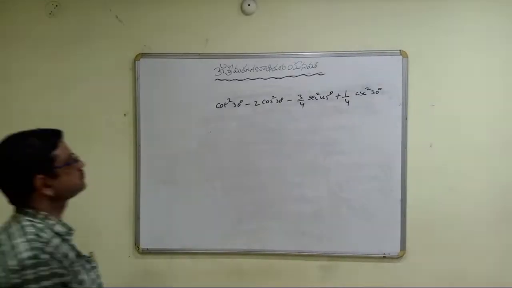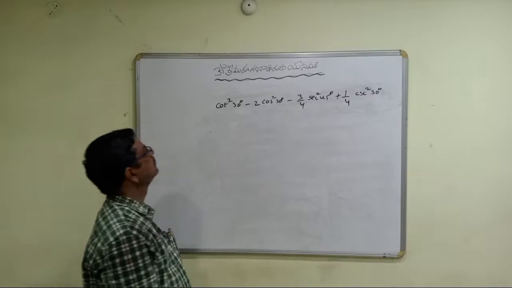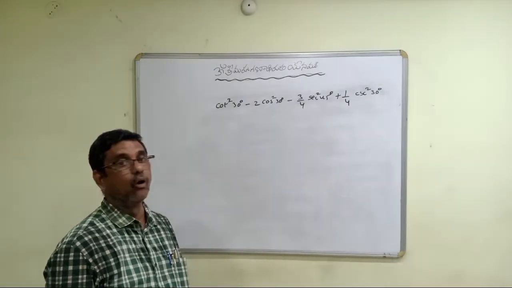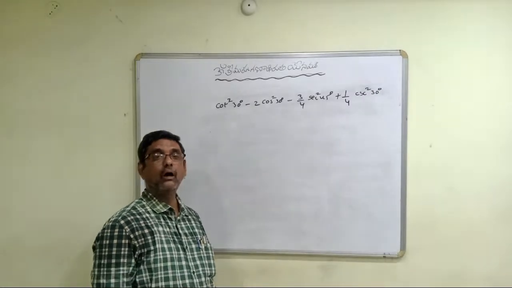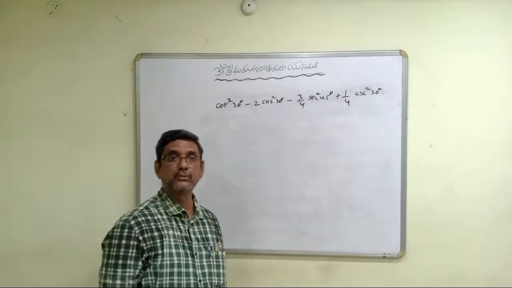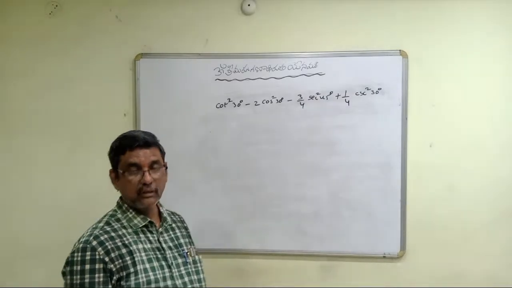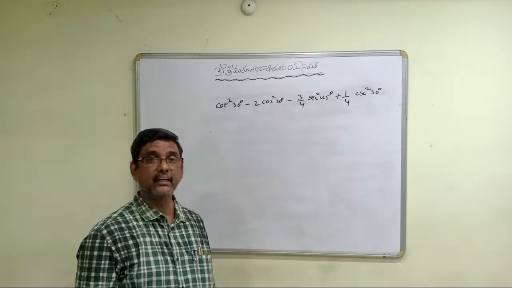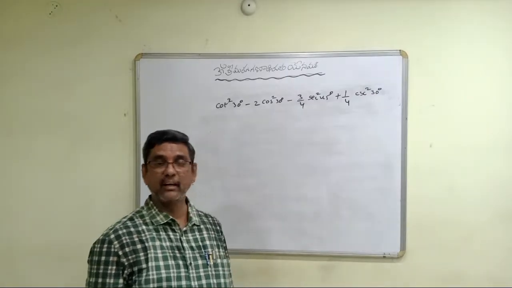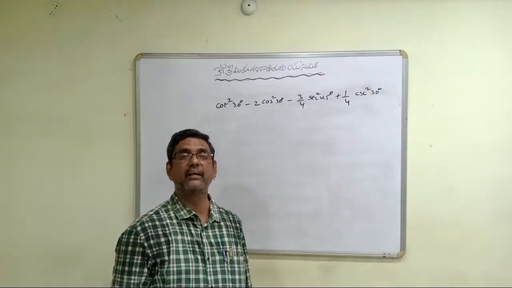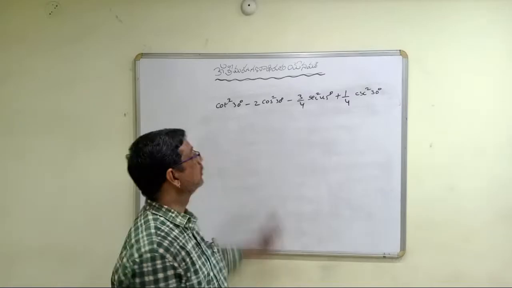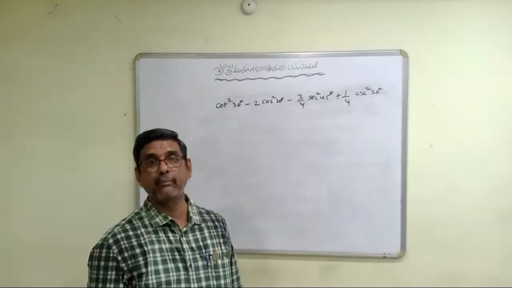See, in order to solve these problems, we need to know all the trigonometric ratios on specific angles. What is sin 30, secant 60, cosecant 45, tan 90, cot 30? We need to learn all those values by heart. Then only we can solve such type of problems.